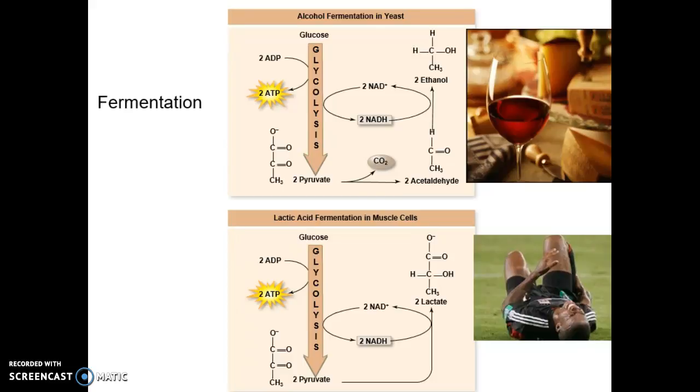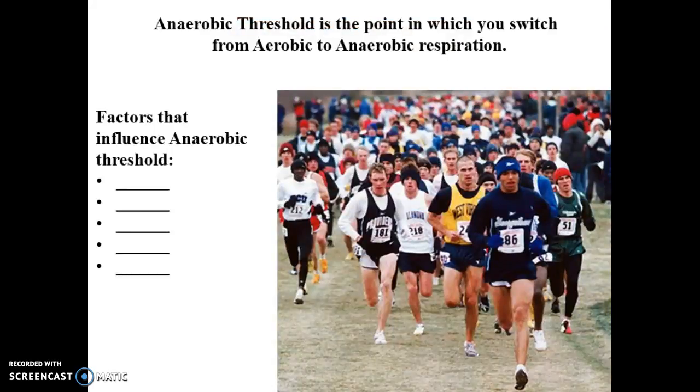Okay, so things I want you to think about. Here's a big group of cross-country runners. So you have a couple hundred people here. Looks like the male cross-country team at an invite from a bunch of different schools. So all these guys are going out running as hard as they can. And everybody has a different threshold, what we call the anaerobic threshold.